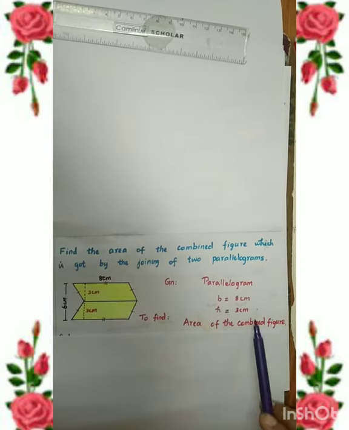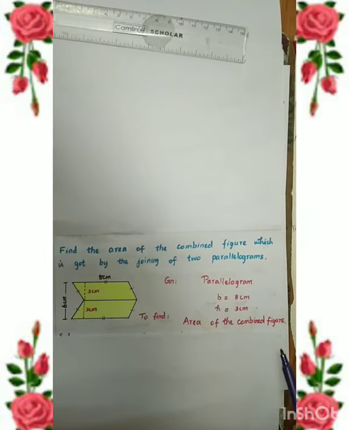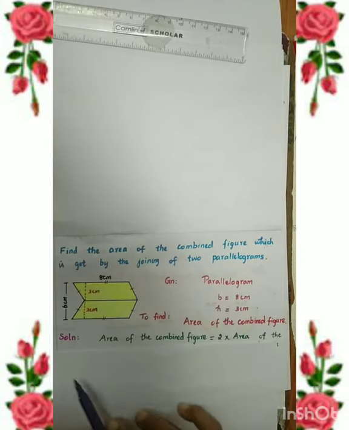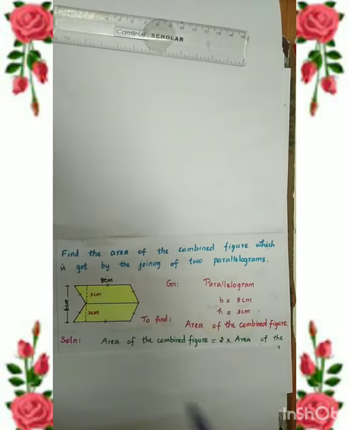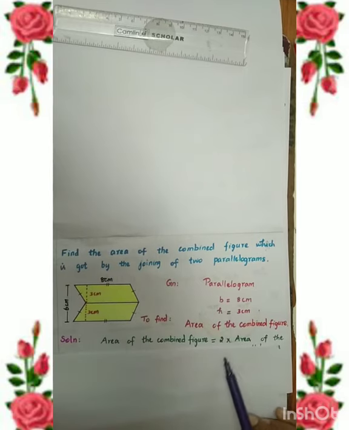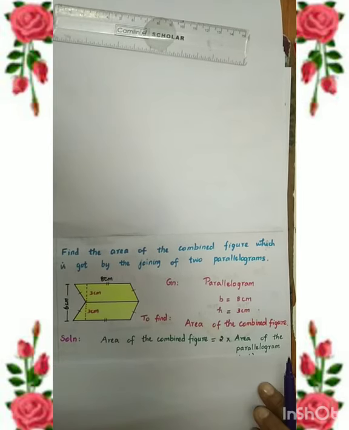To find the area of the combined figure, that is the solution: area of the combined figure is, here two parallelograms are there, that is 2 into area of the parallelogram.